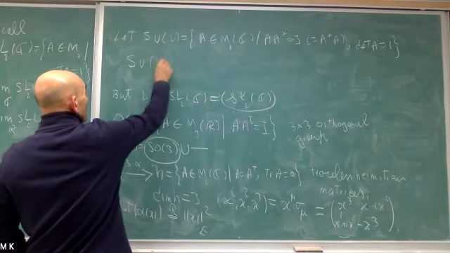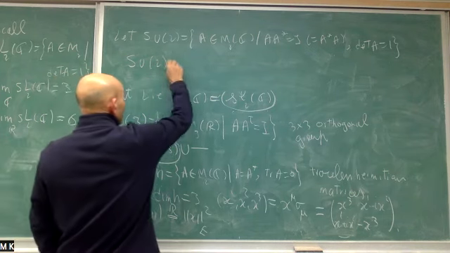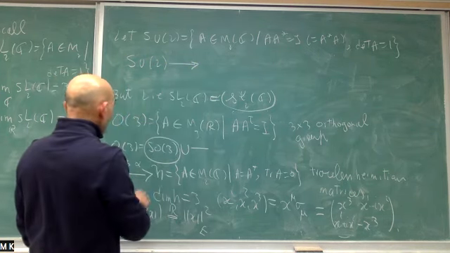Okay, now let us define a map. This is the famous SU2 group to SO3.